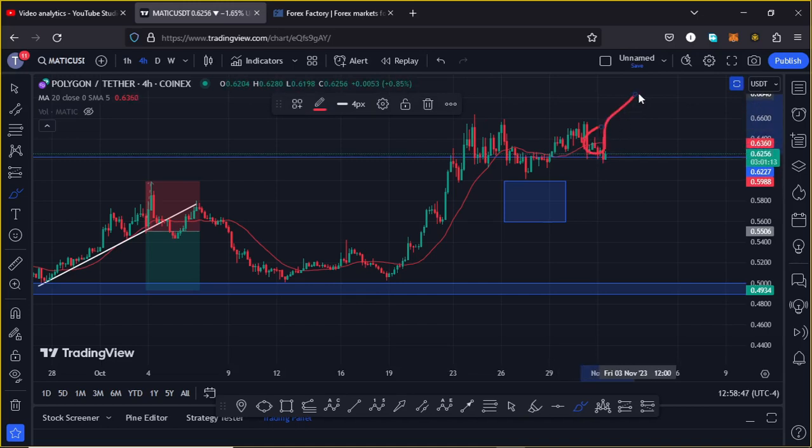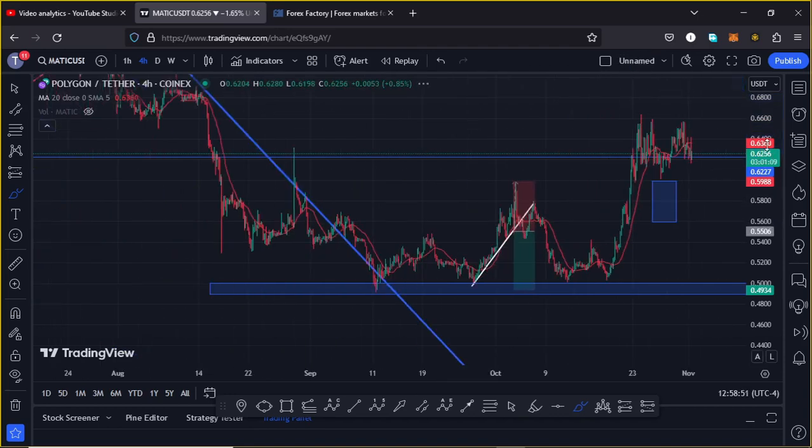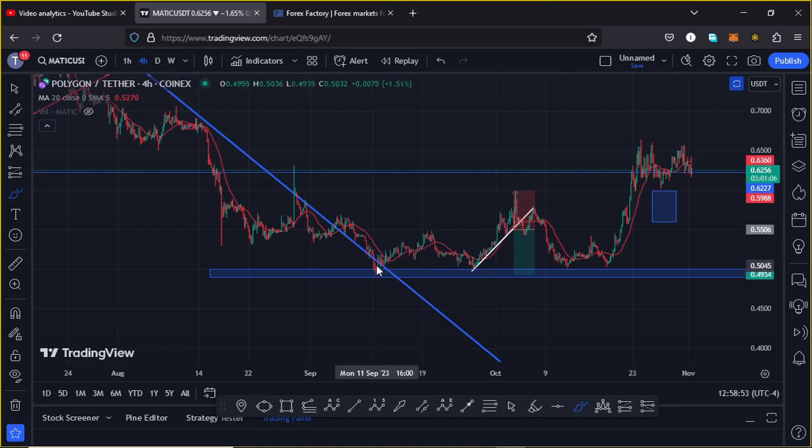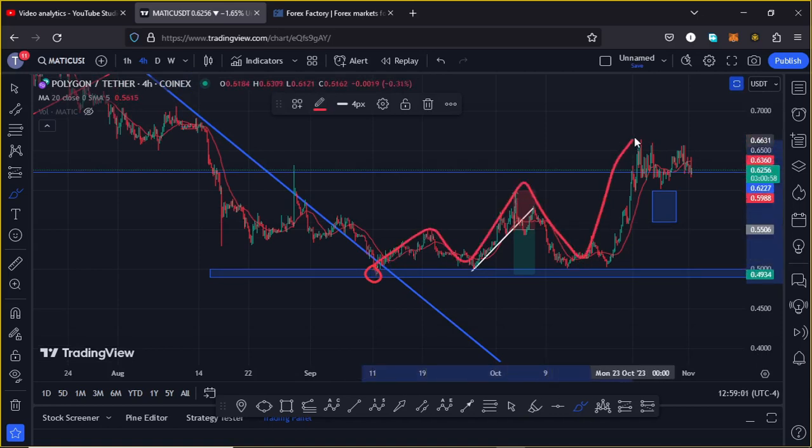And all this is playing out after we saw this massive push to the upside after getting a low at around the $0.49 mark, where you can see that we saw this massive breakout giving us a high above the $0.66 mark.